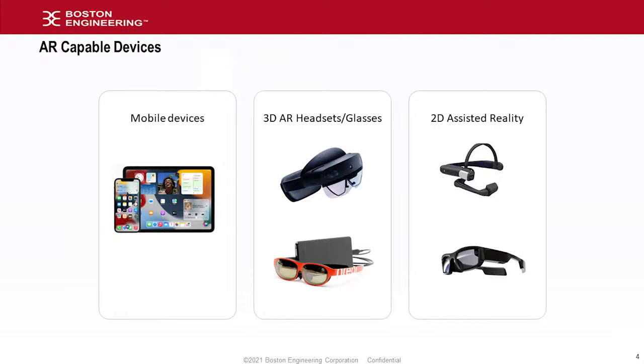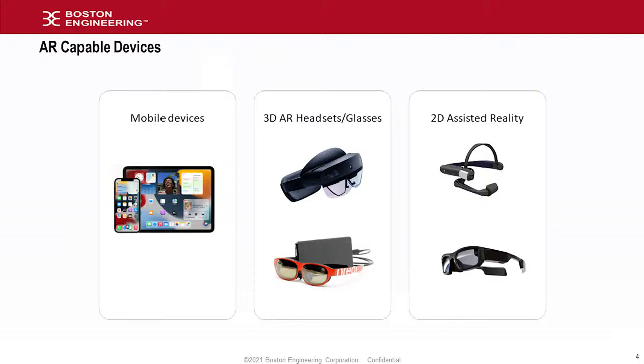If the answer is no, for example, maybe a step-by-step work instruction that has a level of complexity where they just always need to be referencing and seeing what to do, that's where you'd want to choose a headset. So you can be hands-free. You can still deliver that AR experience to the end user in a better way.